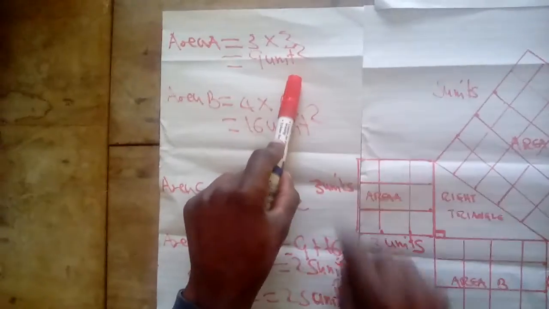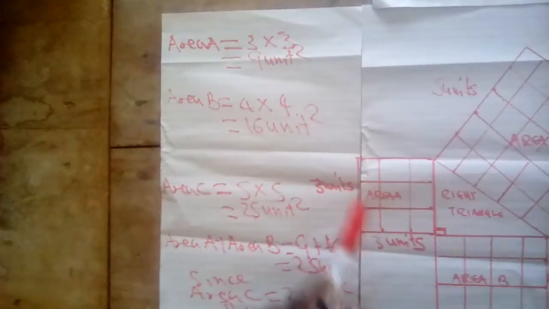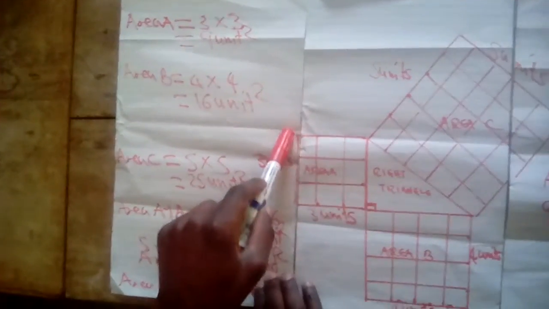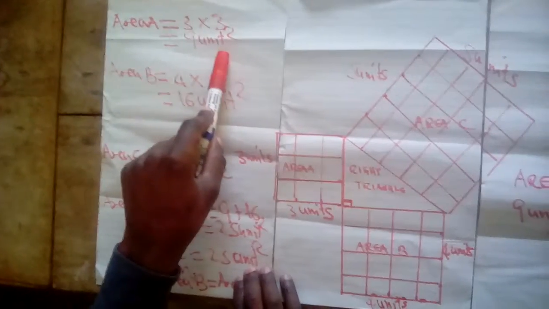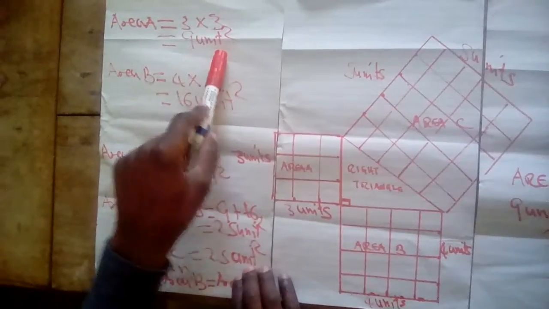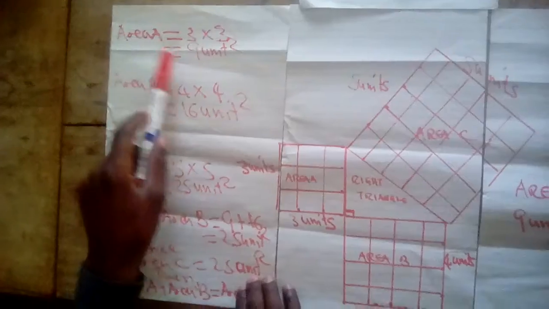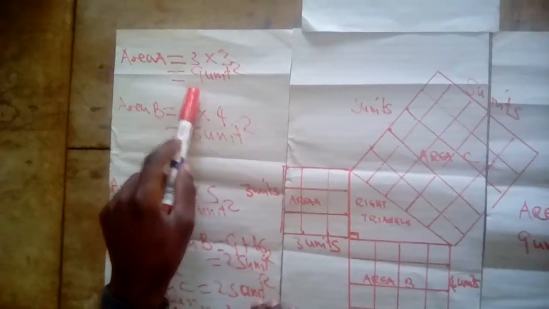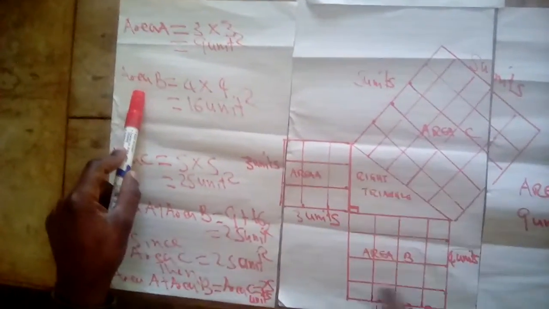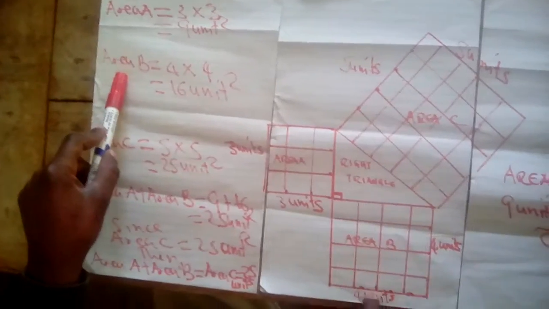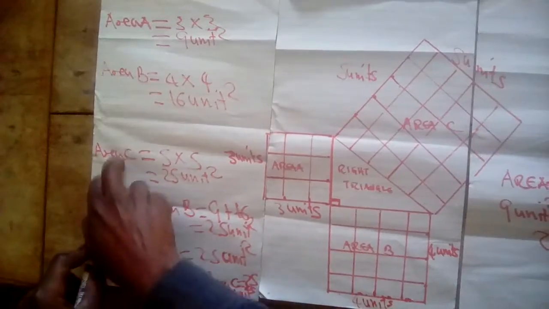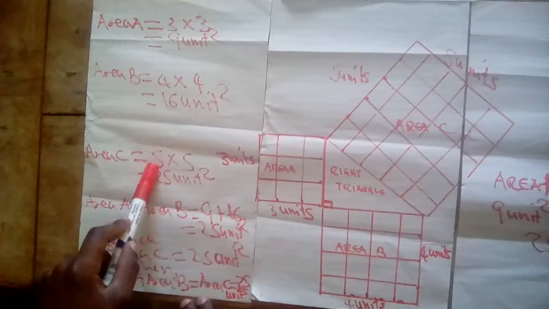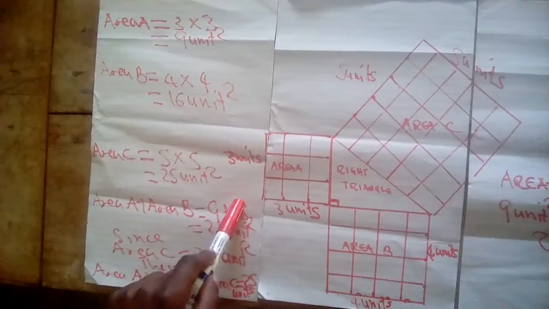Remember, if you want to find the area of any square, you take the units of length of the first side times the units of length of the second side, and you get the square units, which signify the area of that square. So the area of this square is 9 square units. The area of this square, you take this length, 4 units times 4 units, and you get 16 square units. Area C here is 5 times 5, which gives 25 square units.